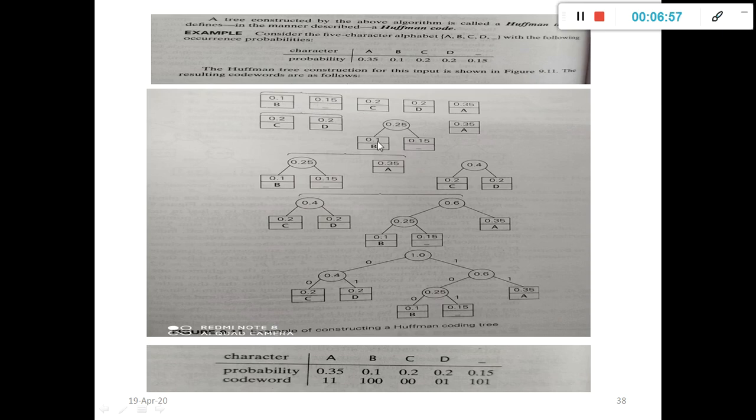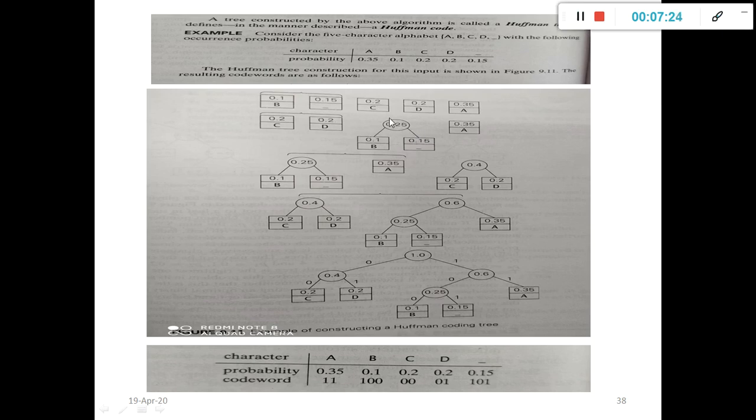Add the probability values of B and underscore and you will generate a new tree with the probability value 0.25, where 0.25 equals 0.1 plus 0.15, and it will generate a new subtree like this.